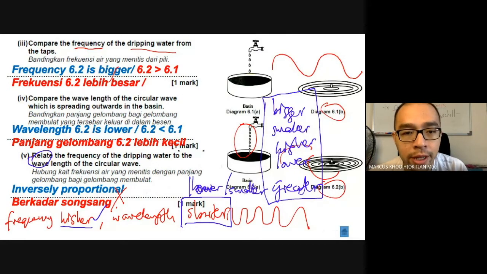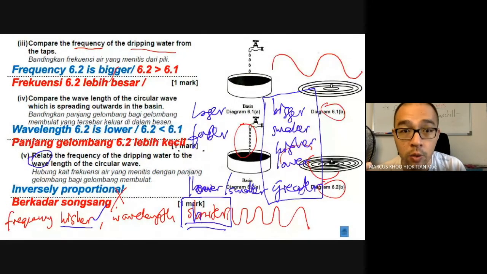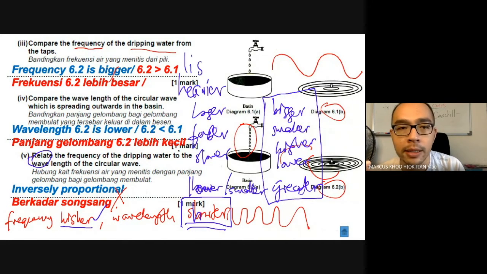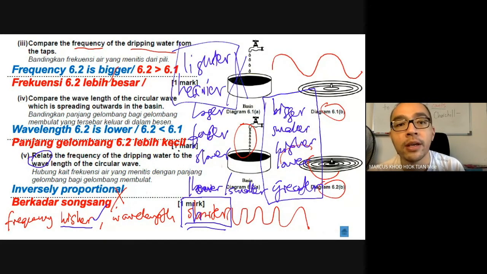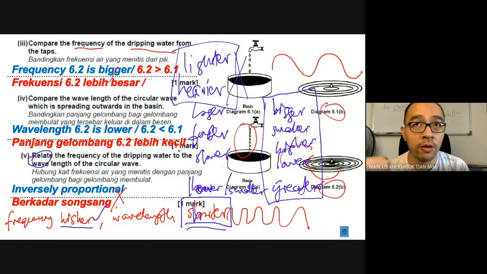I don't really encourage the use of the word shorter, longer, faster, or slower. And definitely heavier. This one heavier is definitely out. I can tell you with 100% certainty that these two words are definitely not accepted, for whoever is the examiner.